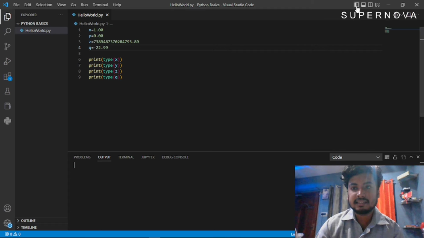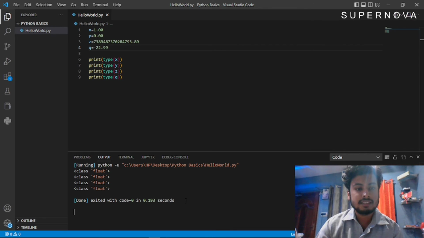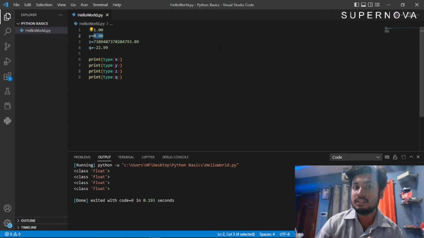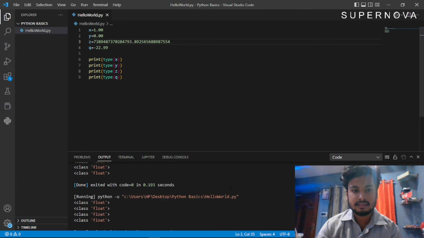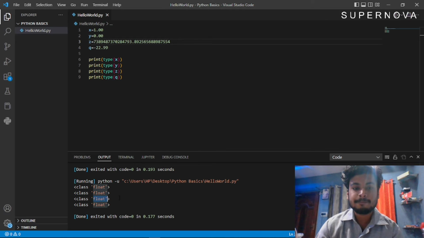See, when you put a point in a number, it is a float. Even 0.00 is a float. Let me try something else like this one. Now run it. See, the third one is also a float. So I think the integer and float part is clear for you.